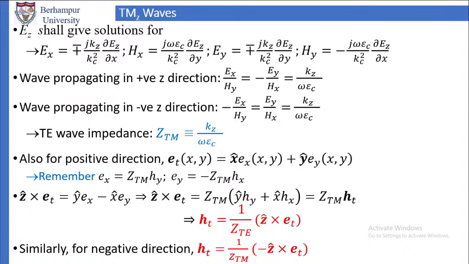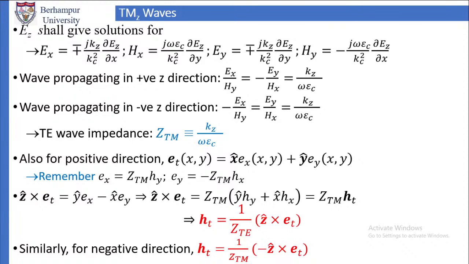Ey is equal to minus plus j kz by k_c squared, dou Ez by dou y. Hy is equal to minus j omega epsilon_c by k_c squared, dou Ez by dou x. Now, these are the expressions for Ex, Hx, Ey, and Hy.